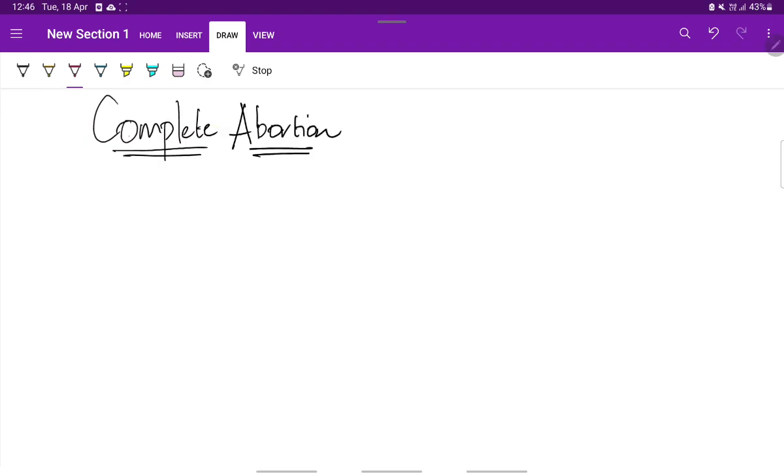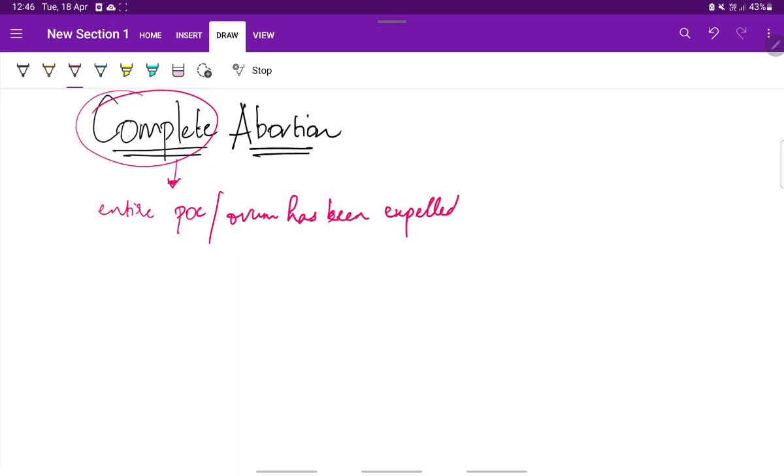In complete abortion, as the name suggests, complete refers to the entire products of conception or the entire ovum having been expelled out of the uterus.